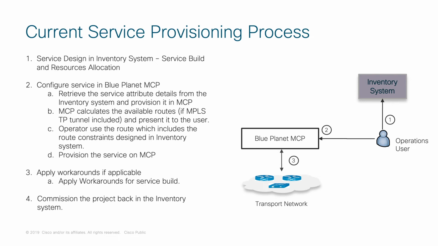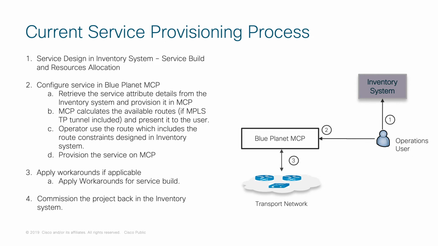So once it is designed, the ops team do a civil chair, and then they use the Ciena's element manager system called MCP to provision both the layer 1 optical and the layer 2 packet services. So the provisioning includes entering the service details in MCP, and MCP does some intermediate tasks like finding the best routes between the A end and the Z end of the service. And once the user confirms, the service is provisioned. So this is their current process.